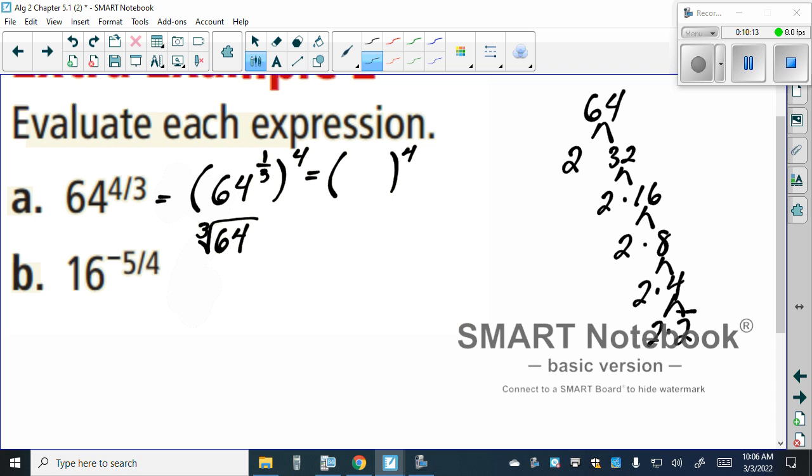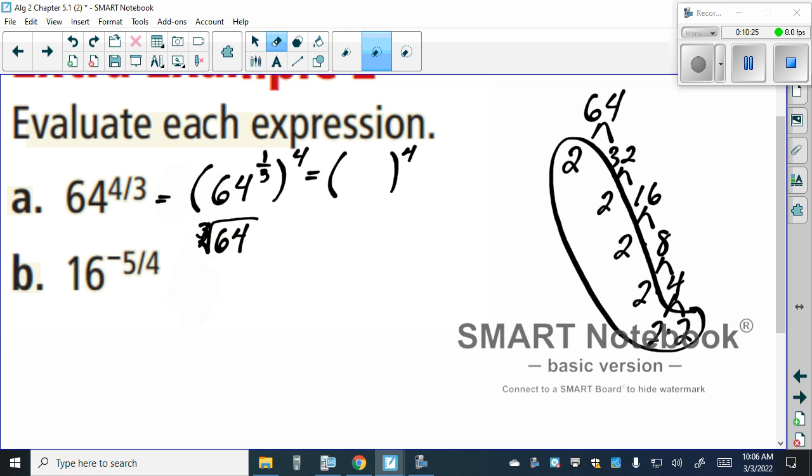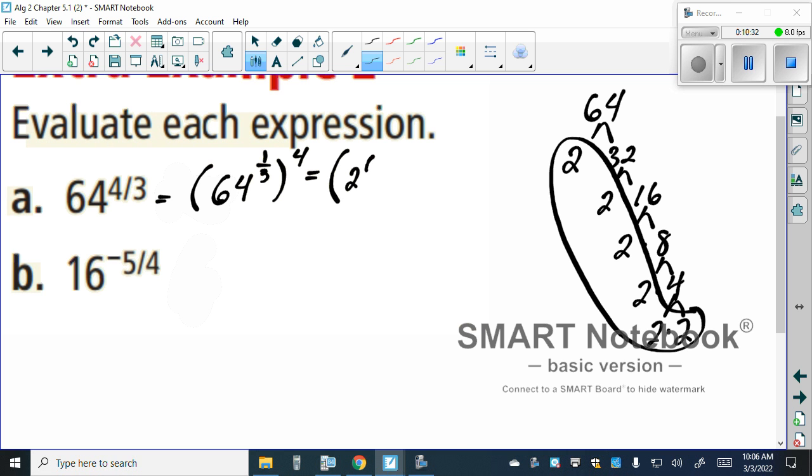And we've got all these 2's. We have 1, 2, 3, 4, 5, 6, yes? So, really, if we did it this way, we would be saying that I have 2 to the 6 to the 1/3 to the 4th.